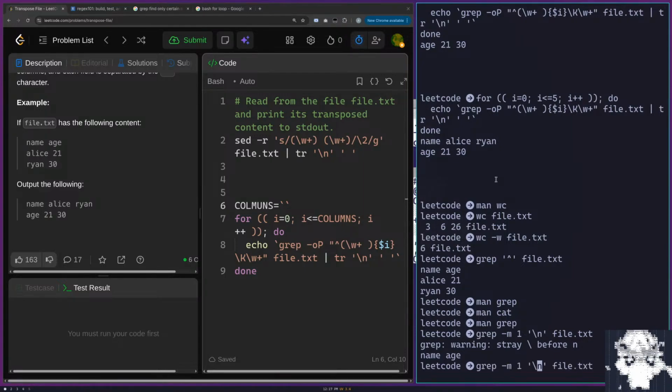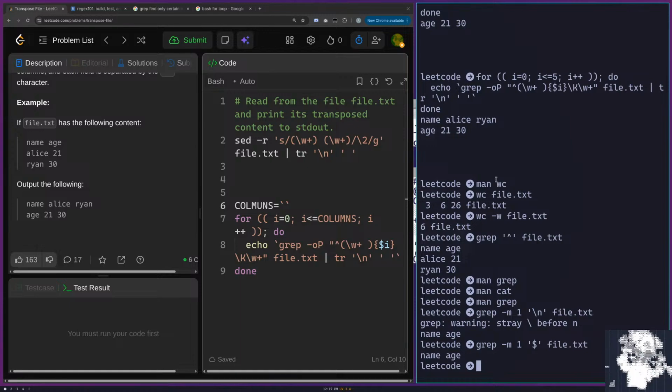Stray backslash before n. But I'm looking for a new line. What about $? Okay, that works. Because that means end of a line. Okay.